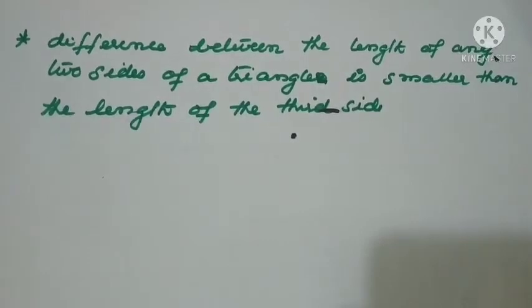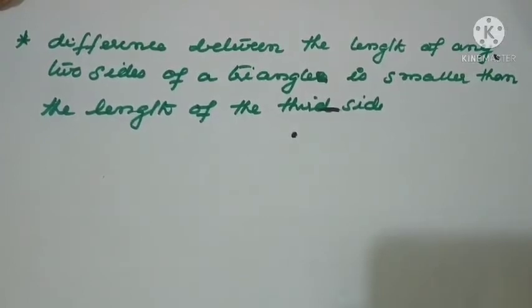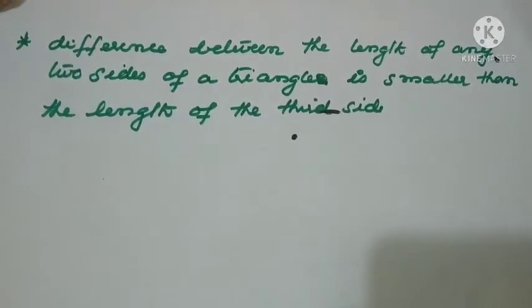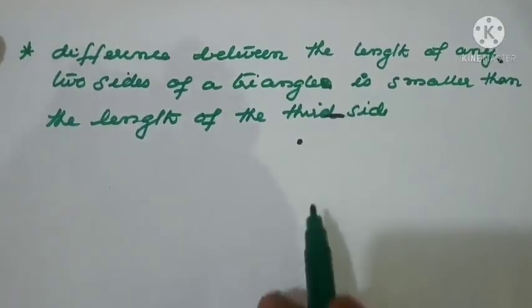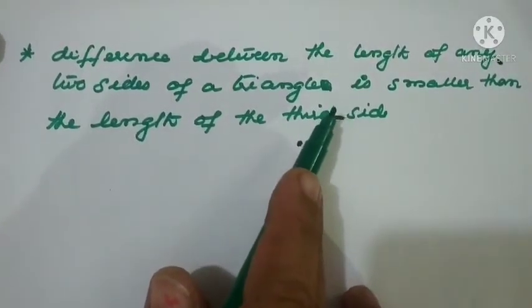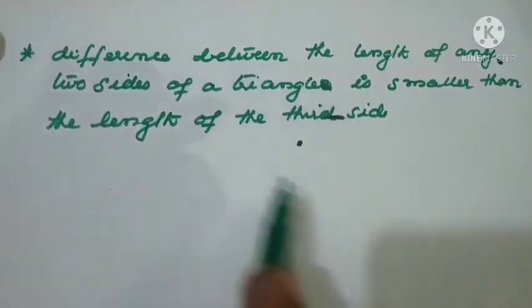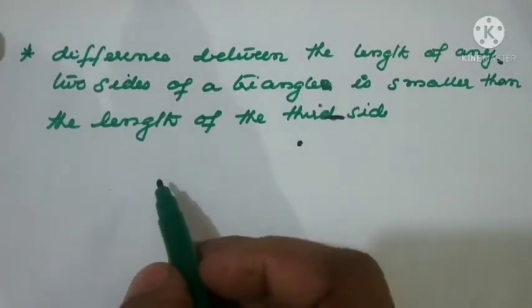Now what about the difference? The difference between the lengths of any two sides of a triangle is smaller than the length of the third side. What is the answer we should get?